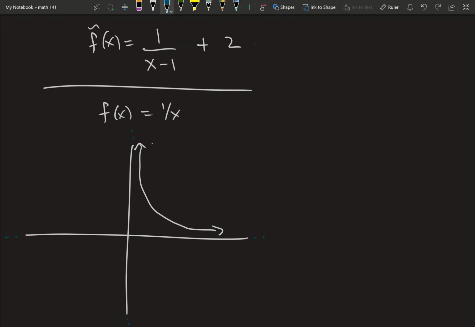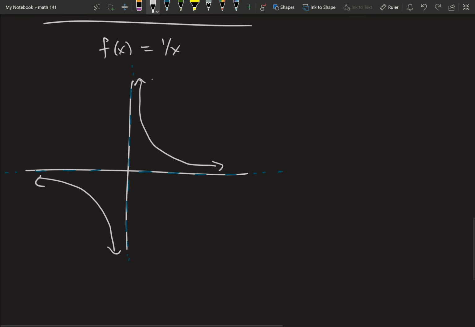To be kosher, this whole thing should be asymptotes, and similarly this horizontal piece as well. So how do we get to the f tilde function is the question. And let's label one point here, which is 1, 1, just to have a reference.